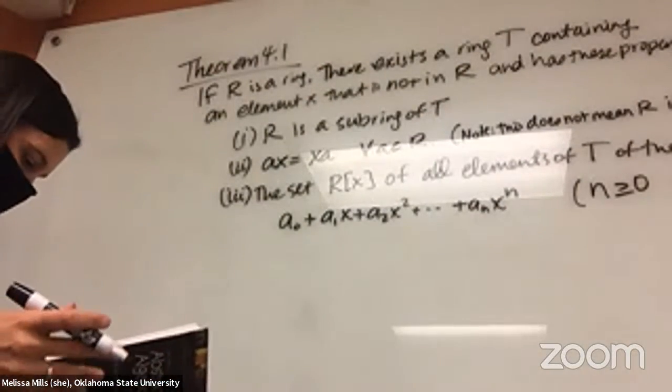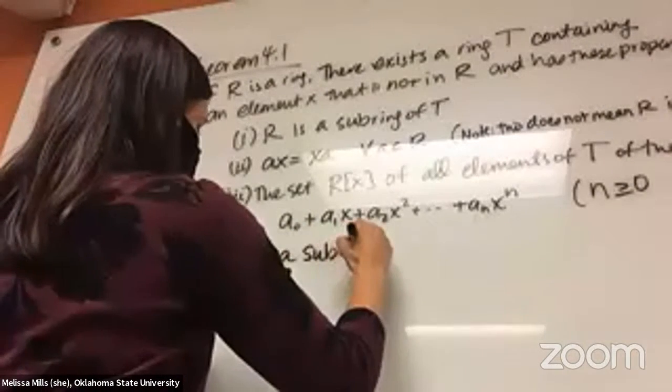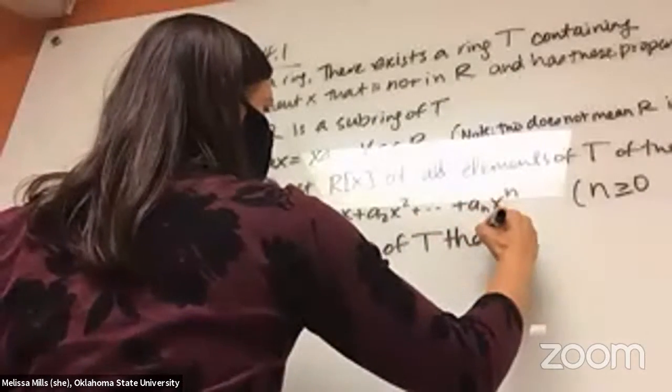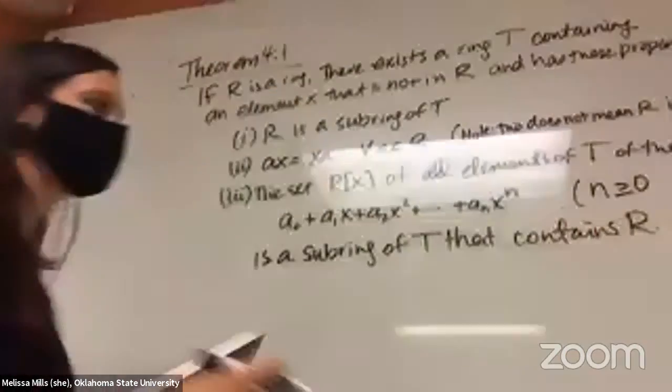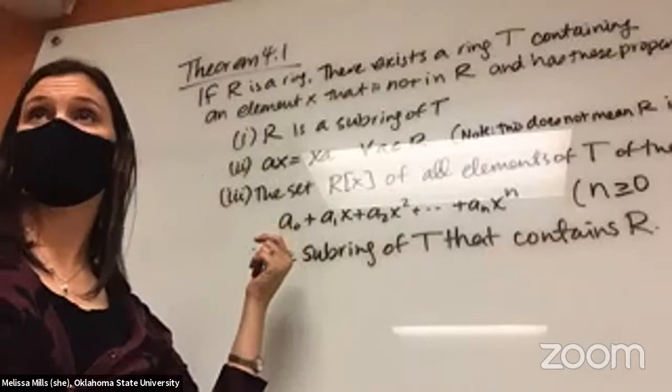Three, it is a subring of T that contains R. And it contains R in the sense that R is the ring of constant polynomials inside of that ring.